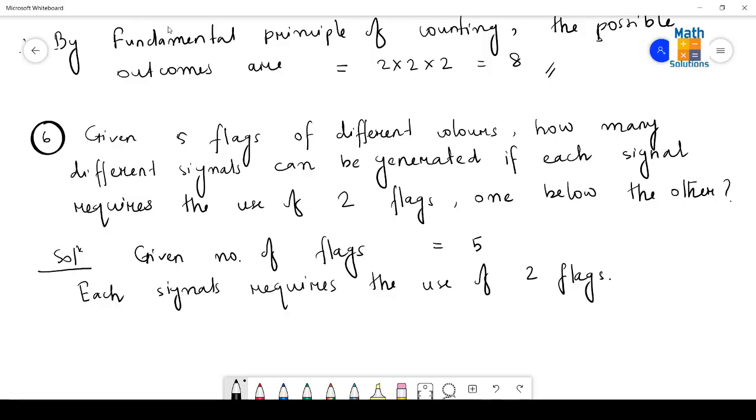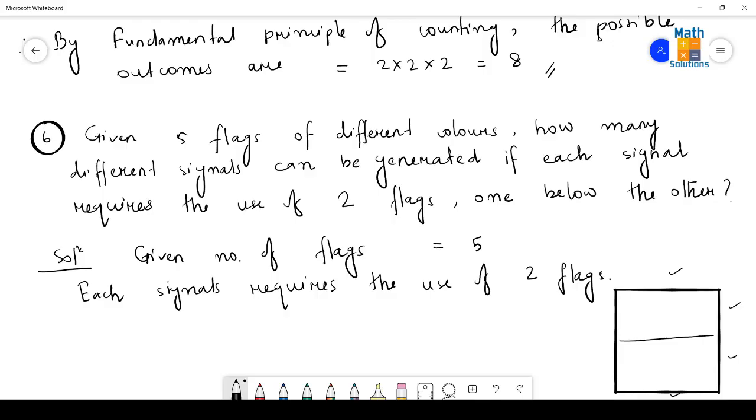I consider, say, this is the first flag, this is the second flag. So this is the way I'm arranging it. If I put the same color to the first part and the second part, I mean if both the flags are of the same color, do you think it will represent any signal? No. It is necessary that for different signals, the color of the flags, upper one and the lower one, should not be the same.